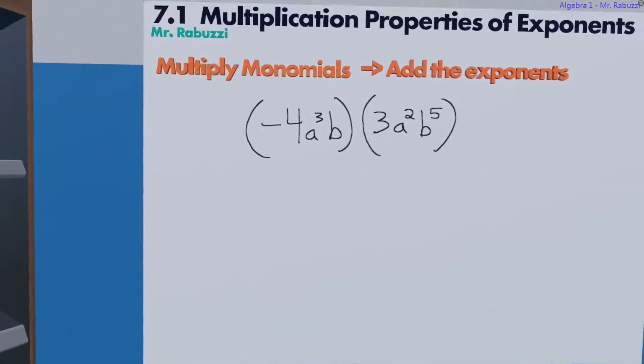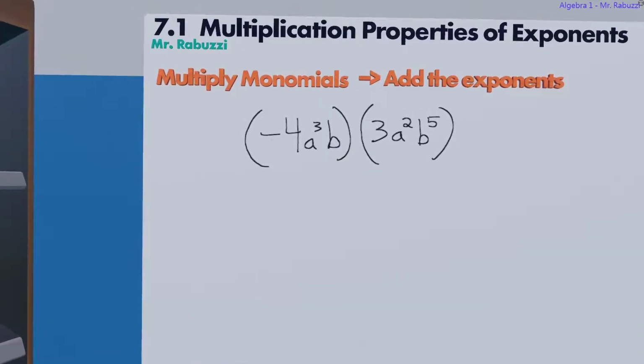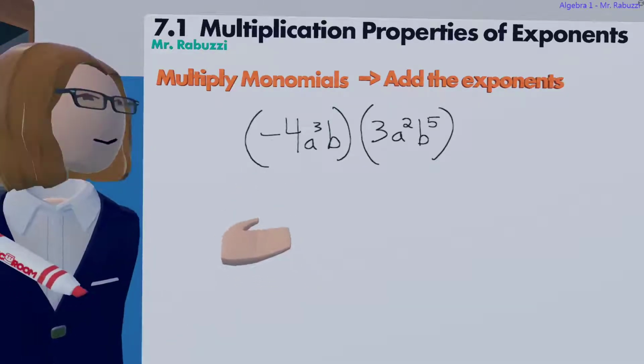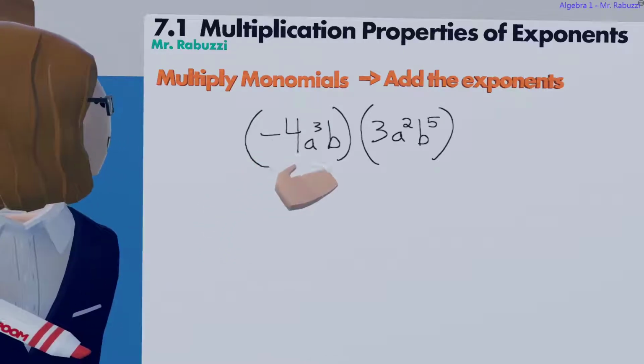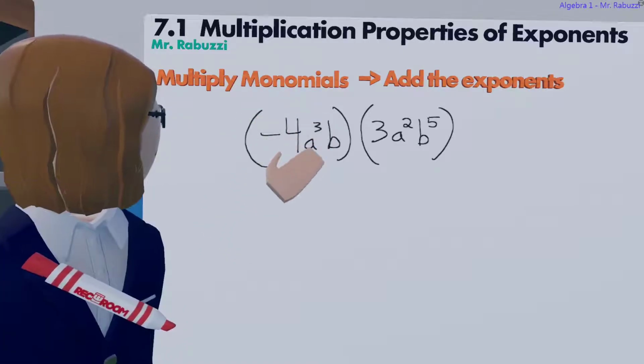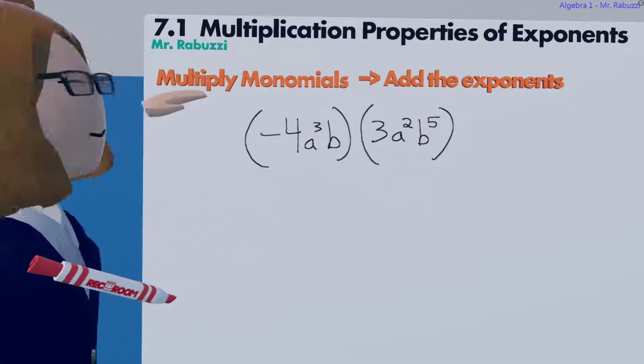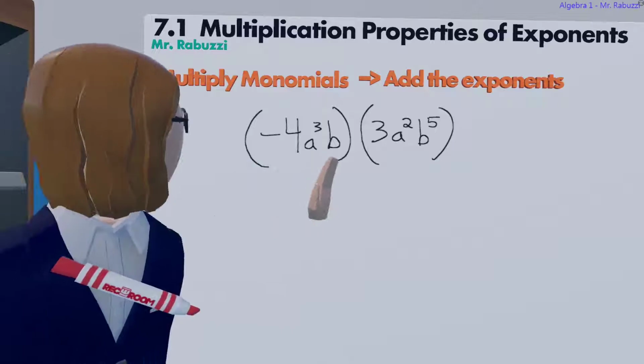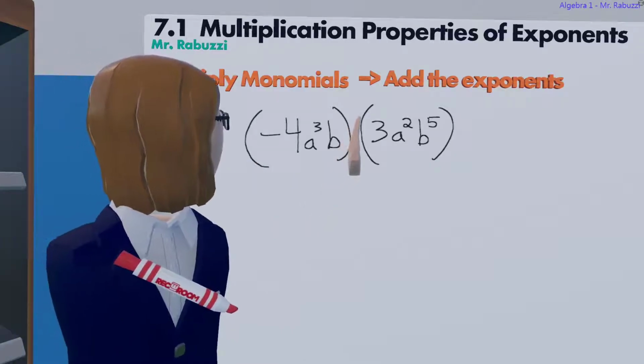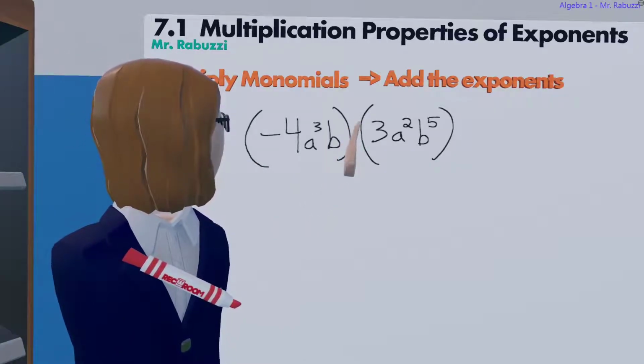Okay, let me get the camera set up. Perfect. Okay, here we have a practice problem that we can look at. So now that we know what a monomial is, I have 2 here. This is one monomial, and this is one monomial. And I want to multiply. So I know that I'm multiplying because I have a parentheses next to a parentheses.